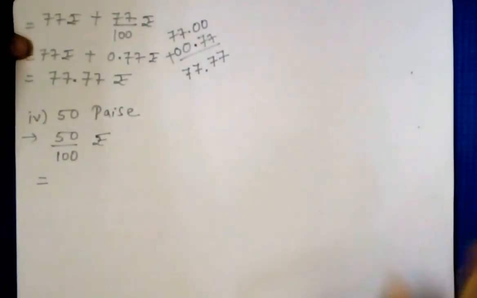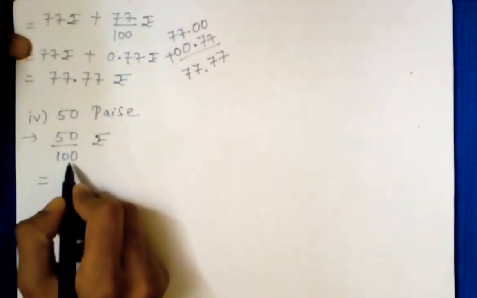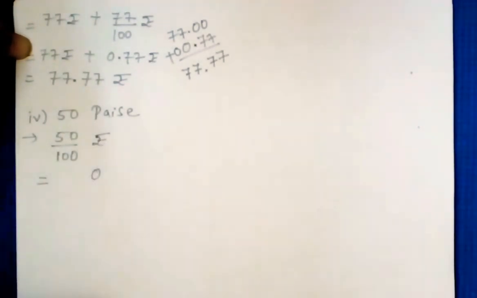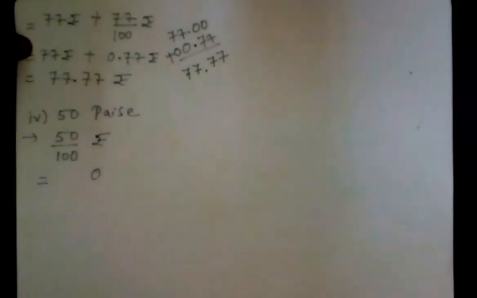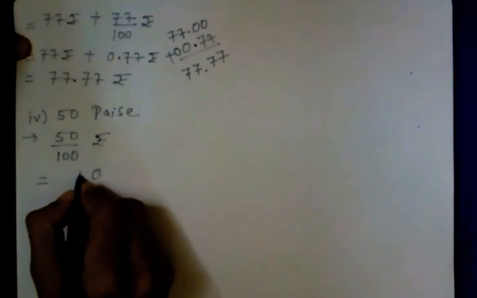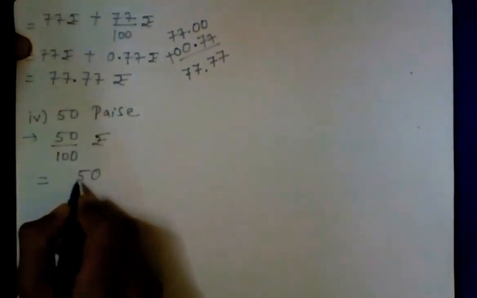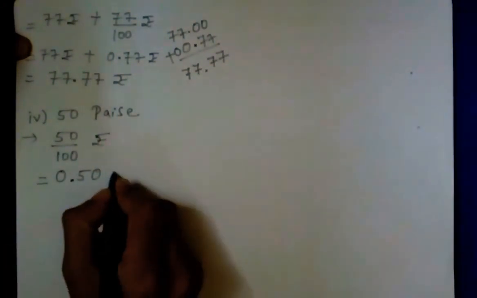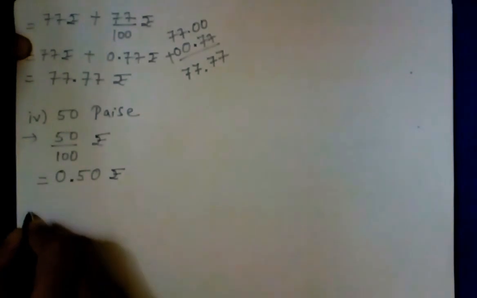The first digit is 0, the second digit is 5. So after 2 digits I will keep the point here, and here you can keep 0. So it is 0.50 rupees. This is our fourth one.